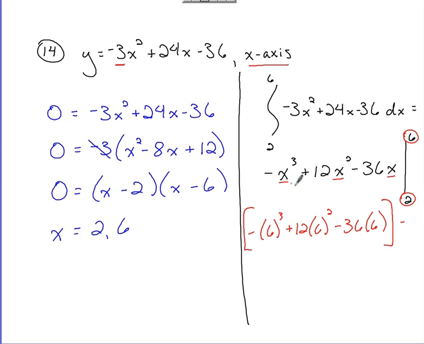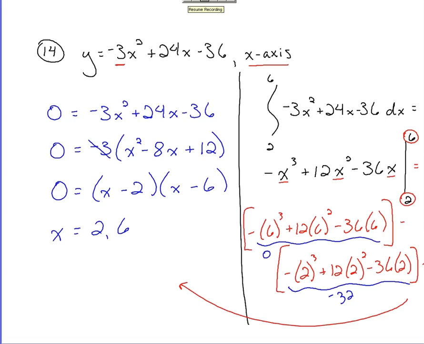Take 2, plug in for these x's. So 0 minus negative 32, final answer would be 32. That's our exact area.